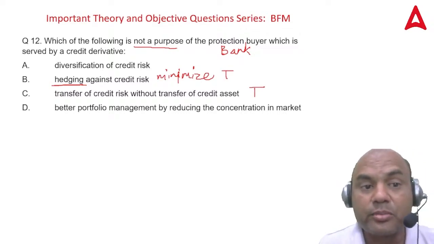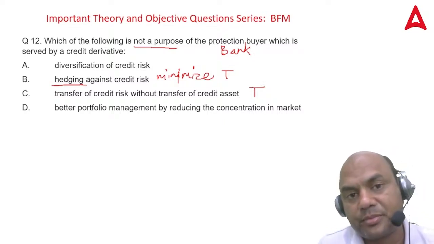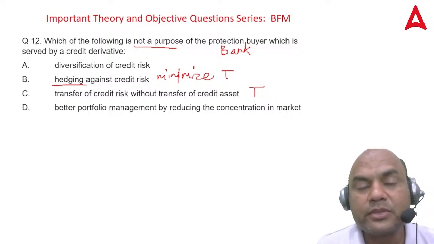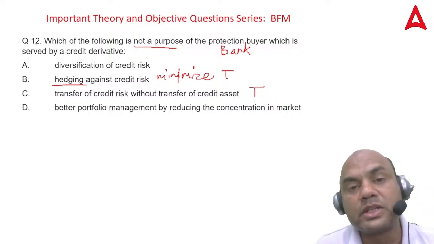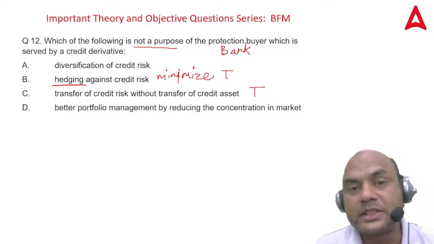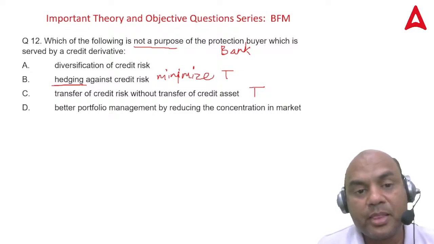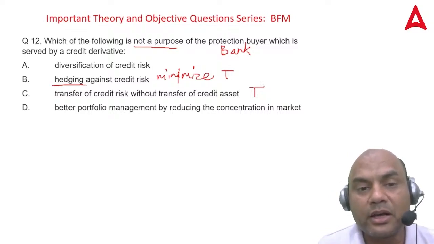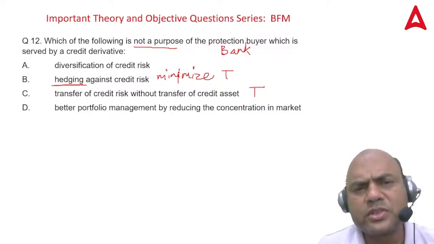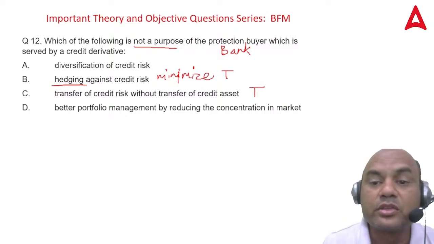That is also true, because a credit derivative will give you better portfolio management. If you are too much exposed to one sector, and that sector fails, then your entire loan book goes down. So in that case, we buy the credit derivative, or insurance, you can call it in simple terms. So this is also true.